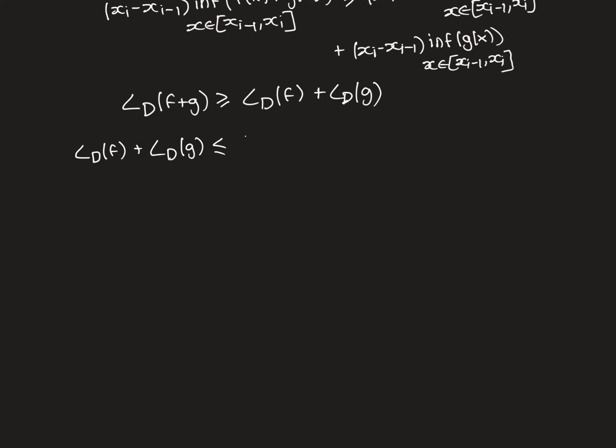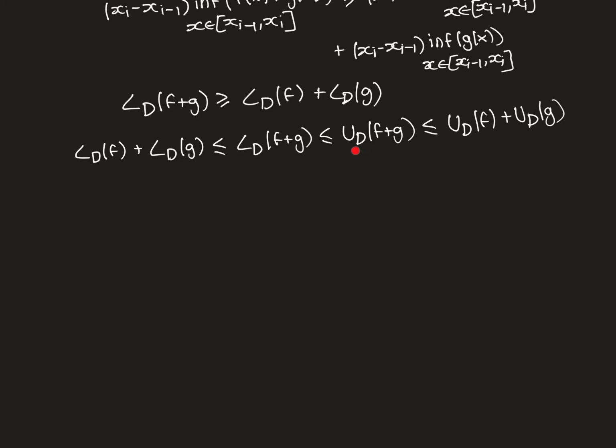That is less than or equal to the lower Riemann sum of f plus g, which is less than or equal to the upper Riemann sum of f plus g. That's just an inequality that holds true for all upper and lower Riemann sums, whatever function you take, which is less than or equal to the upper Riemann sum of f plus the upper Riemann sum of g.